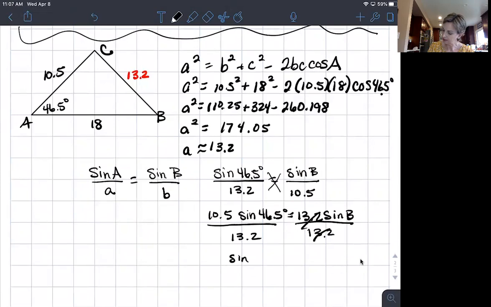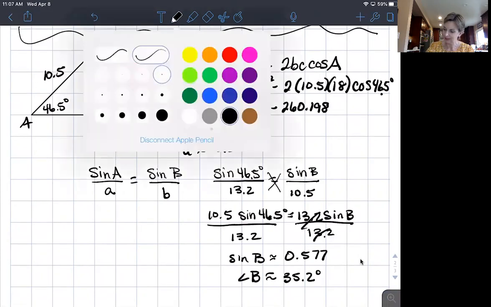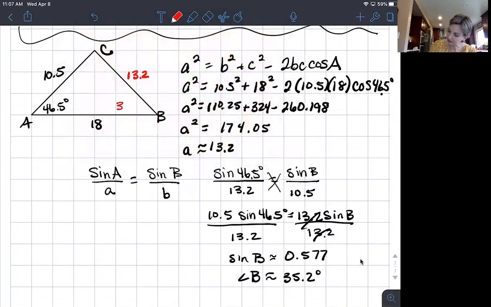So take the sine of 46.5 degrees, multiply it by 10.5, divide by 13.2, and you get the sine of B is about 0.577. Then use the inverse sine function on your calculator to find that angle B is approximately 35.2 degrees. So angle B is 35.2 degrees.